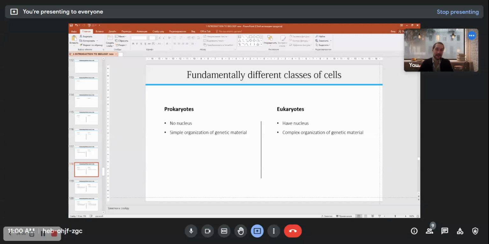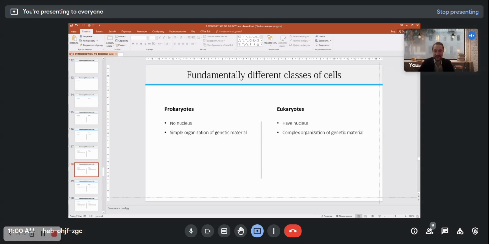Why? Because the same property, depending on the situation, can be a weakness or an advantage. So we see that prokaryotes have a simple organization of genetic material, but eukaryotes have a more complex one.